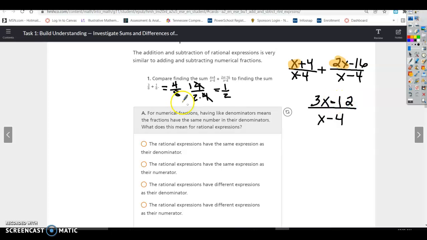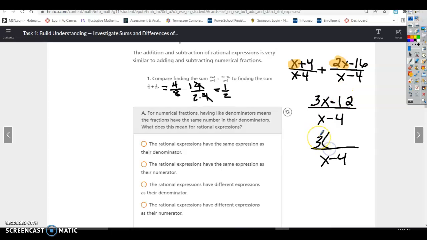In the same sense that we simplified this to 1/2, we have to try to simplify this expression as well. The denominator is already in simplified form, but the numerator has a common factor of 3.